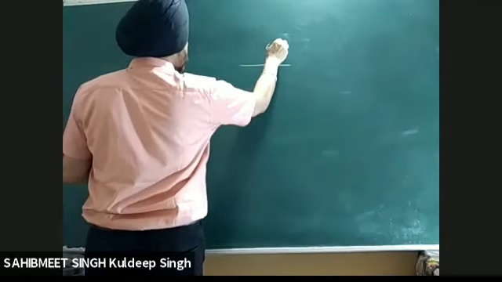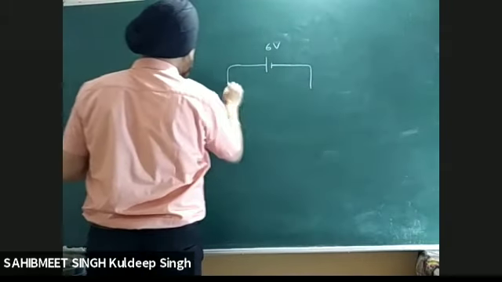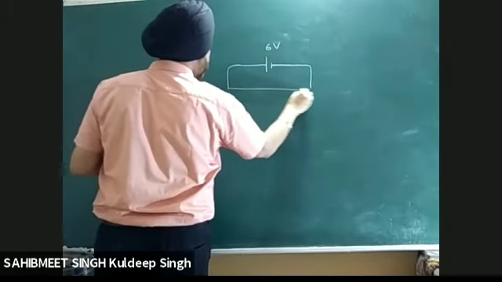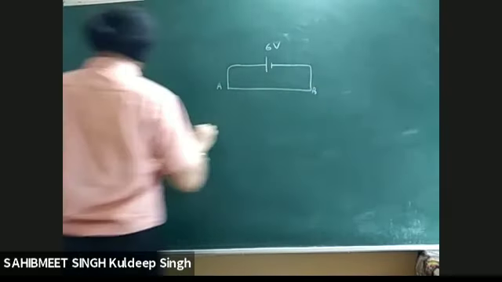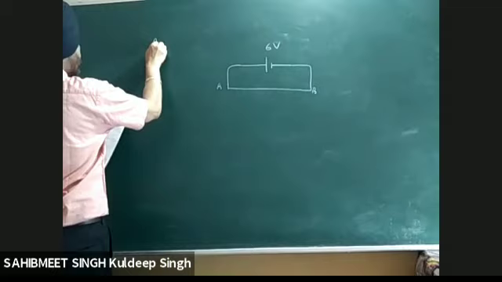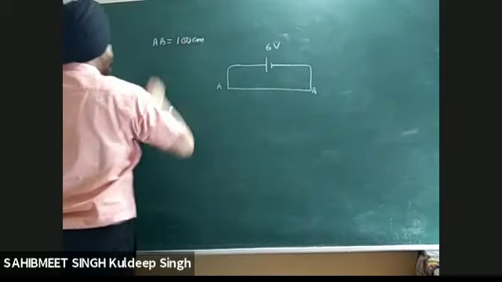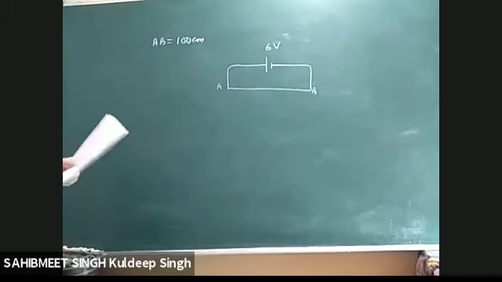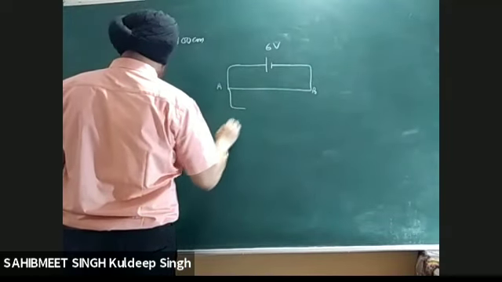Say 6 volt connected to a potentiometer wire, say AB, where the length of the wire given is 100 centimeter. 100 centimeter length is given, and here we have a cell.